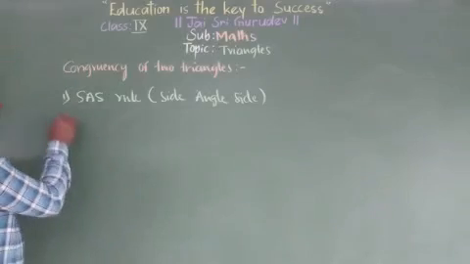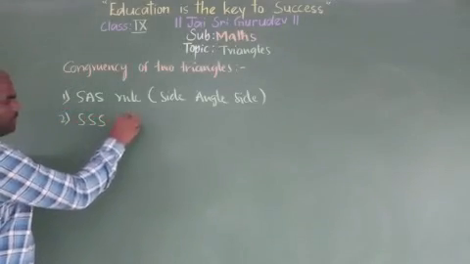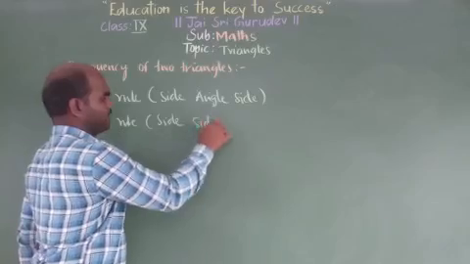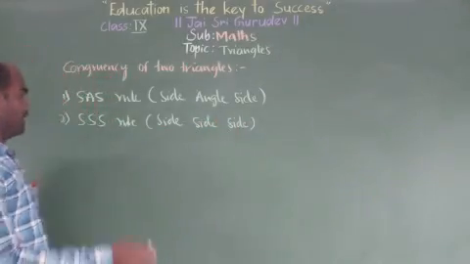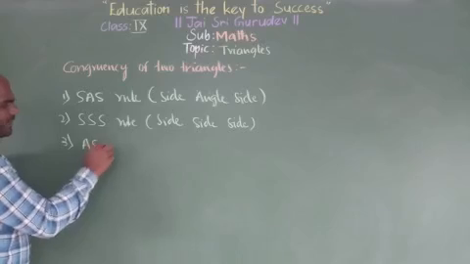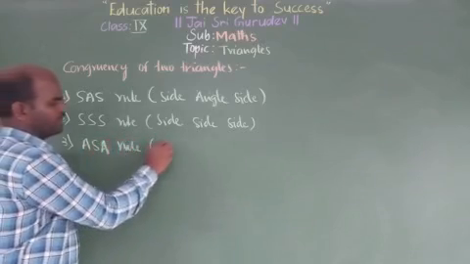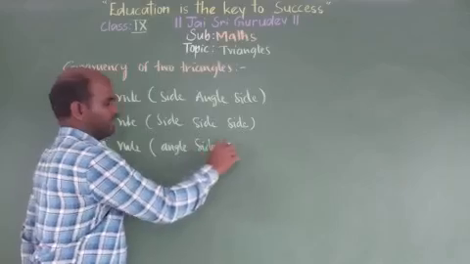The second one is the SSS rule, which means side, side, side. The third one is the ASA rule, which means angle, side, angle.